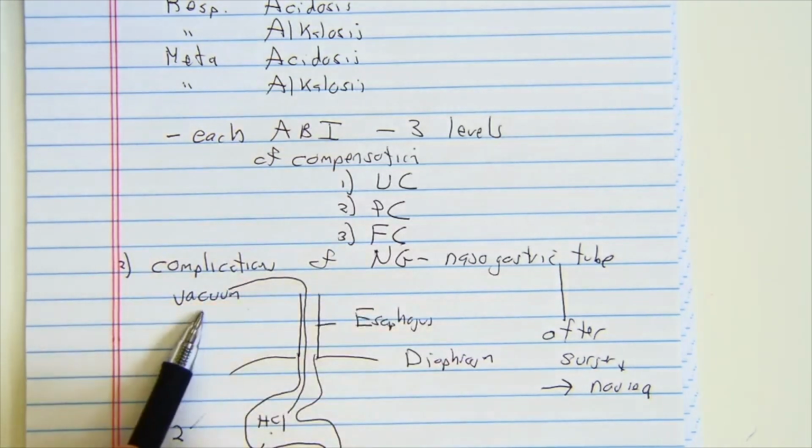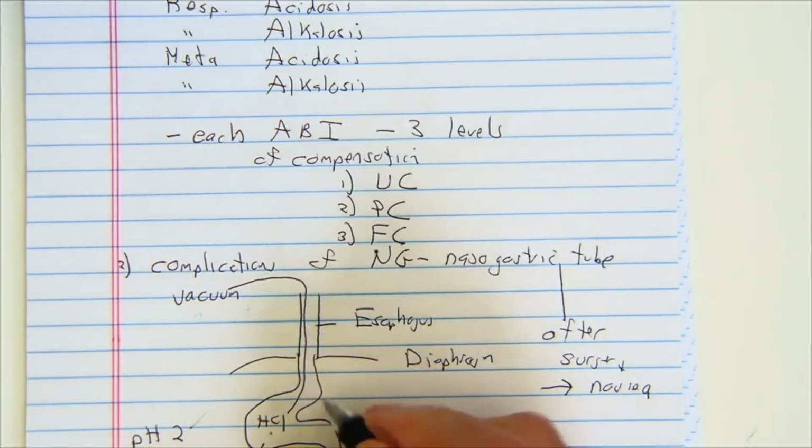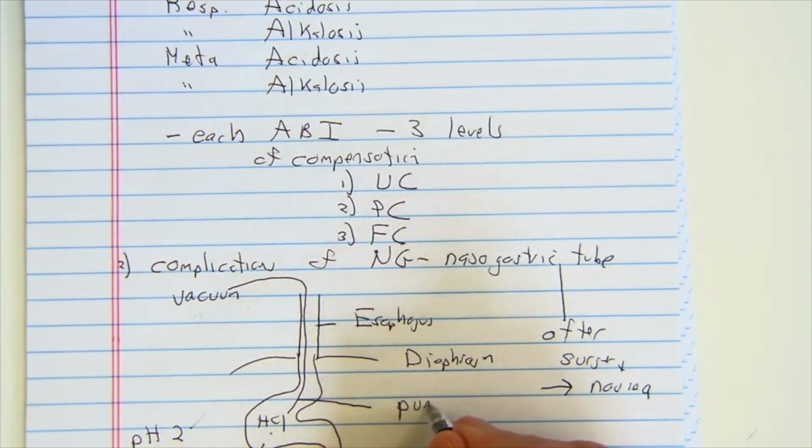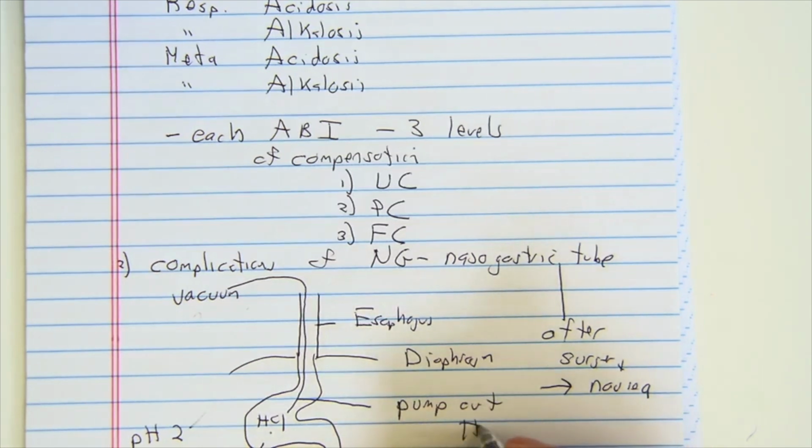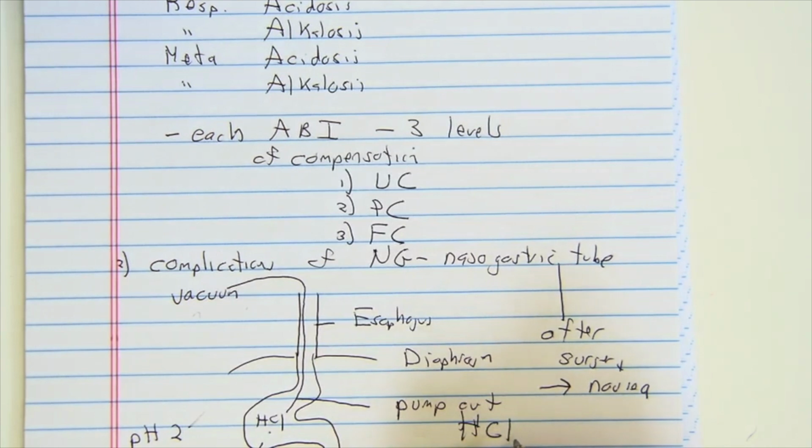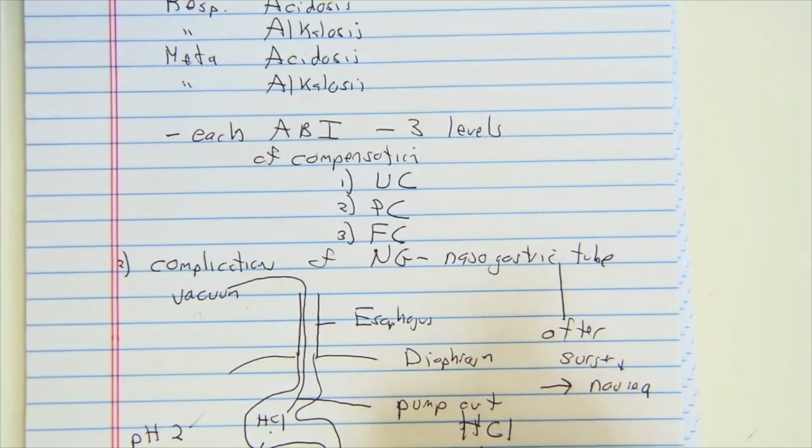So when I put in a nasogastric tube, what I'm doing is pumping out HCl, hydrochloric acid. Well, if I pump out hydrochloric acid, that means that I'm losing acid.